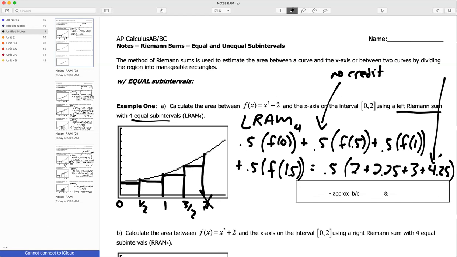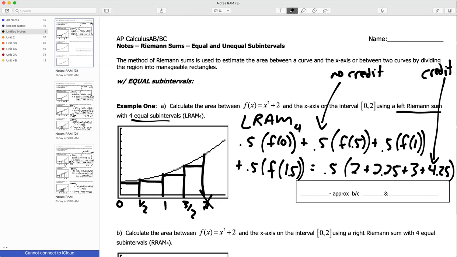So this line right here would give you credit on the AP exam. And you should probably stop here, unless you need to keep going. Once you get to arithmetic on a free response question, stop, so that you don't make a careless mistake.